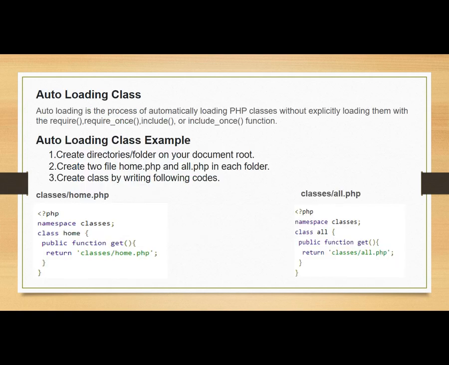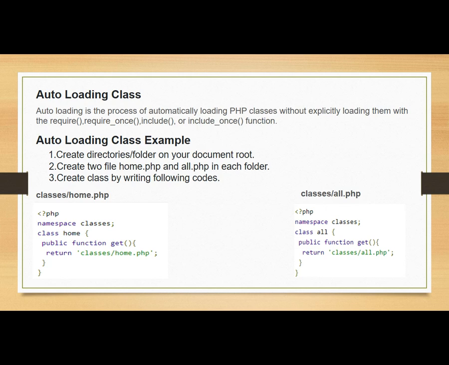The next topic is autoloading class. This autoloading class feature is not that important in WordPress and its development, but still we'll try to convey this to all of you. What is the definition of autoloading class?